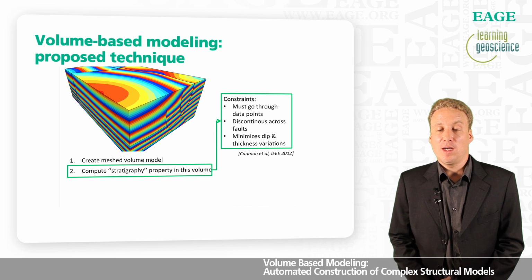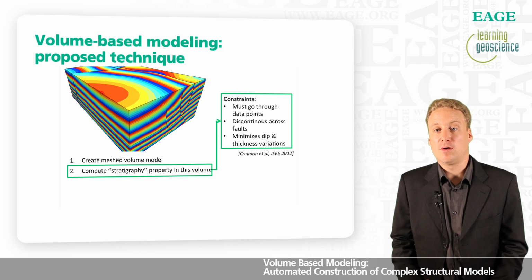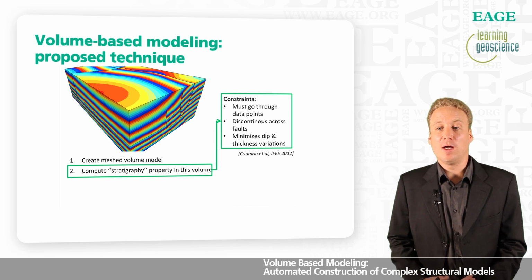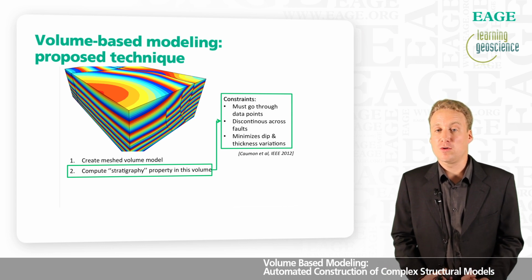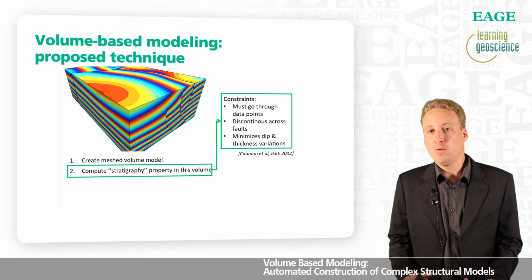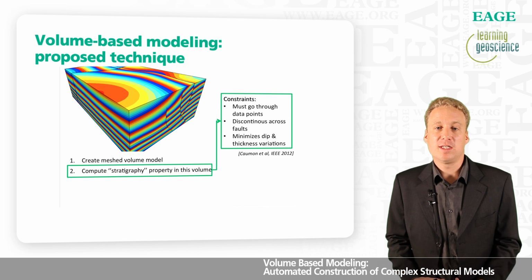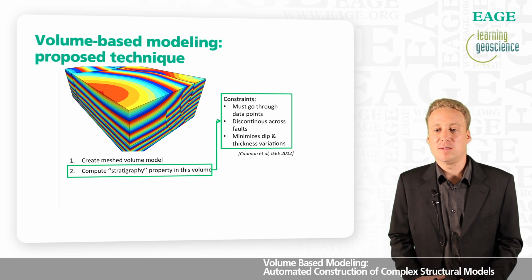First, ISO values of the stratigraphy property must go through the horizon interpretation points. Then we need to have an interpolation that is discontinuous across the faults but continuous everywhere else in the volume. Finally, we need to ensure the smoothness of the stratigraphy property, which means that we need to minimize the variations of depth and thicknesses of the layers.